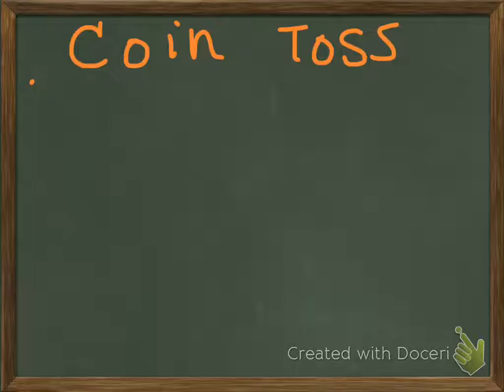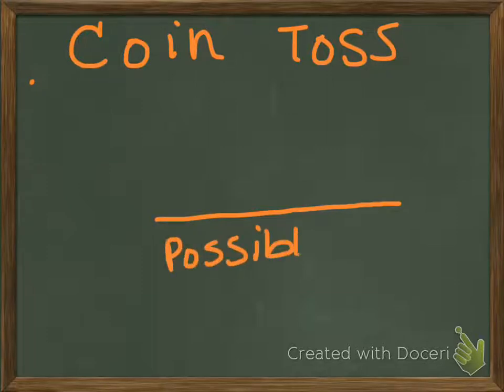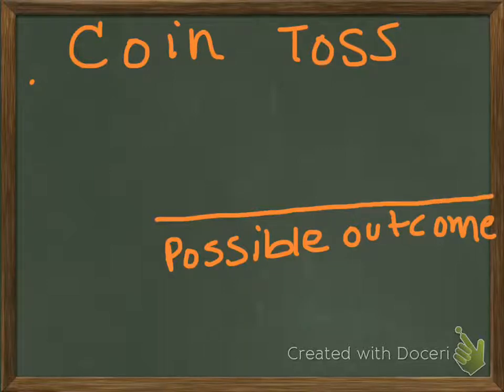So we're going to talk about probability, and it's a fraction. And in the denominator, this is the possible outcomes. And the numerator is the number of times that it can happen.